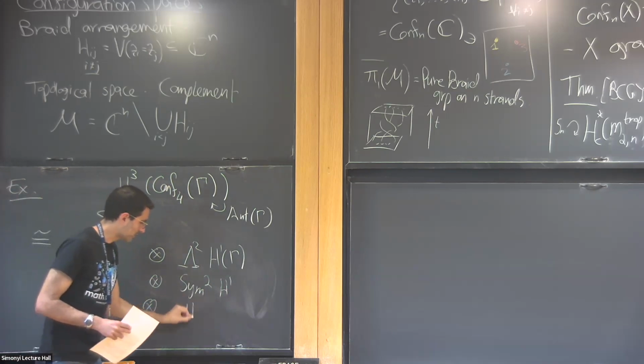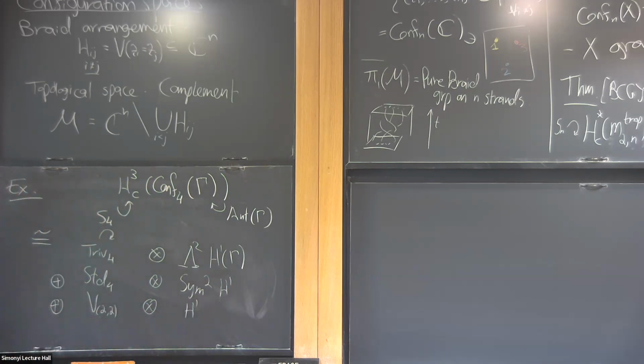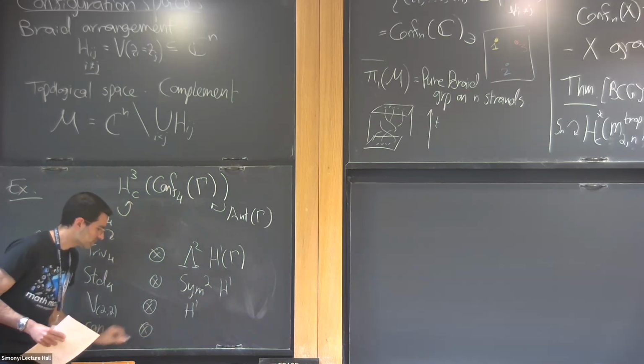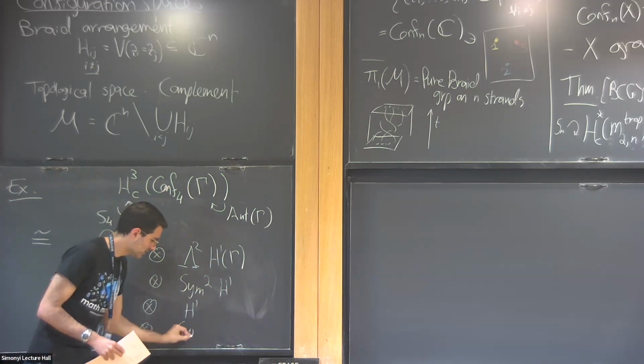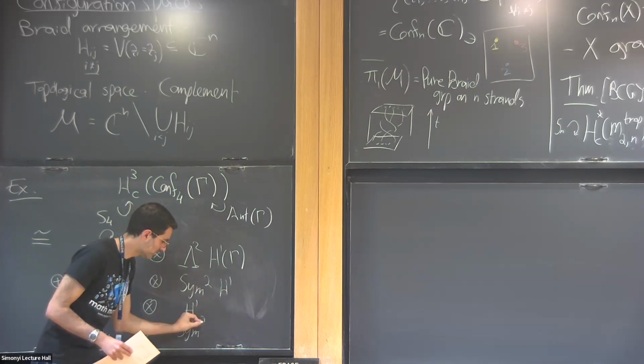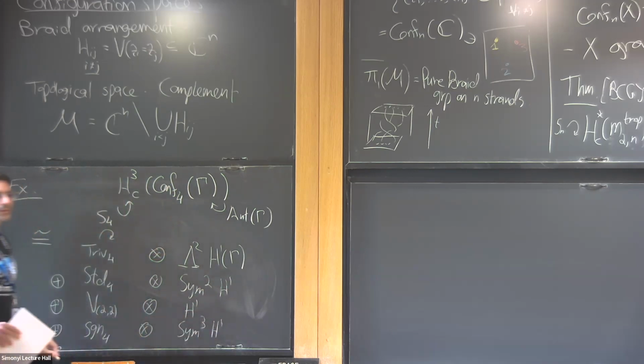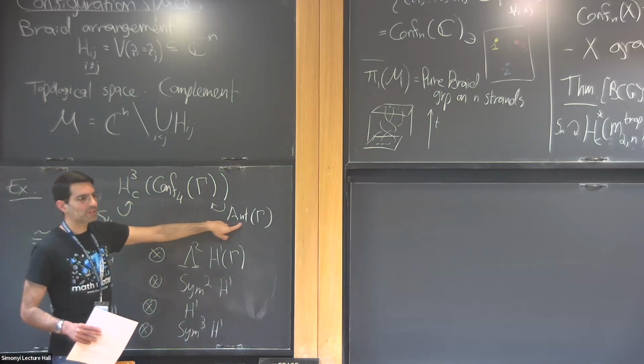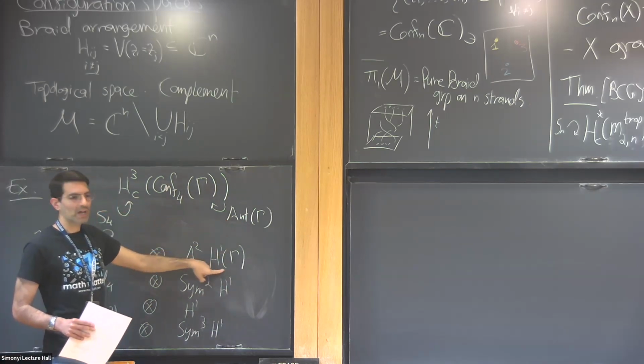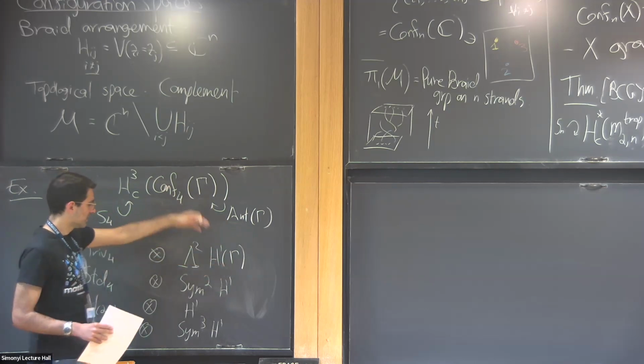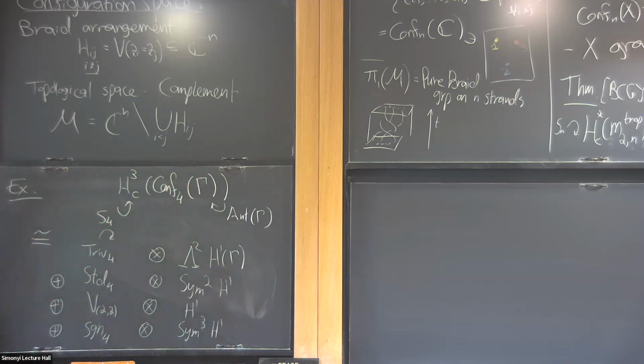This is showing up with just a single copy of H1. And lastly, you have a sign representation of S4 showing up with Sym^3 of H1. So the only thing you need to know is how the automorphism group of the graph acts on H1, and this is a complete characterization of the representation.